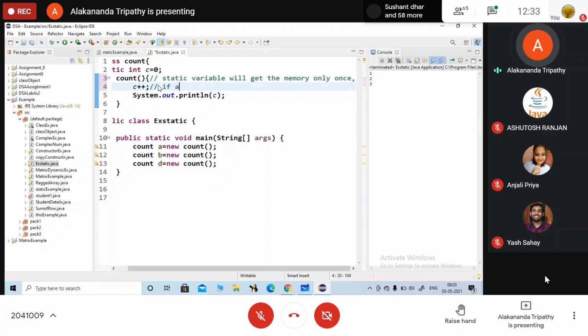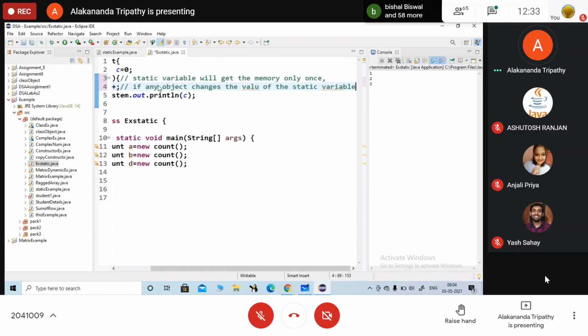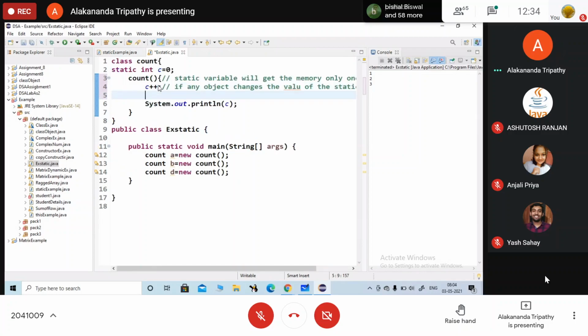If any object changes the value of the static variable, it will retain its value. Okay.